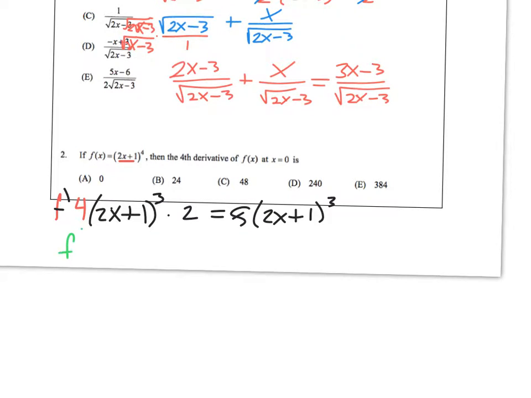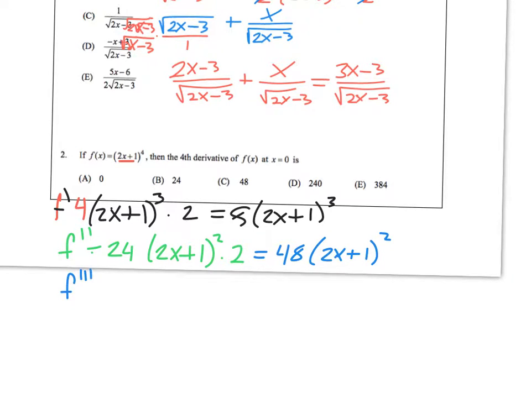And then f double prime, excuse the bell, would be, bring the 3 down, we get 24, and then we get (2x plus 1) squared times 2 for the chain rule, which is the same as 48 times (2x plus 1) to the second. The third derivative, f triple prime, would be 96 times (2x plus 1) to the first times another 2, which is going to be 192 times (2x plus 1).